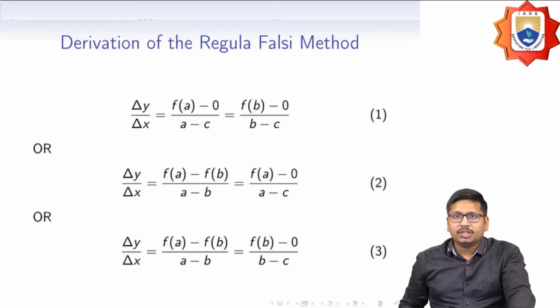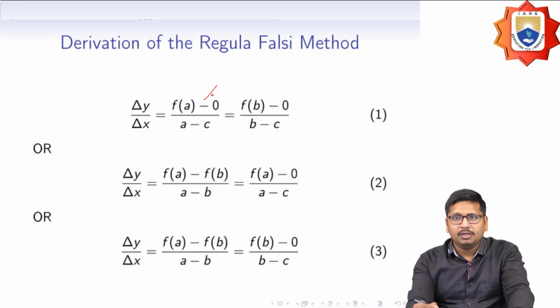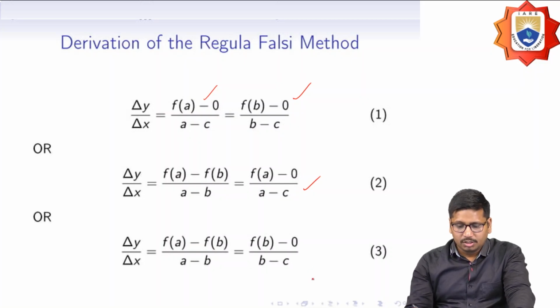These are the derivations needed for the regula falsi method, delta y by delta x. So how is this delta y obtained? f of a minus 0 by a minus c should be equal to f of b minus 0 by b minus c. And this is the other form where I can substitute these equations: f of a minus f of b by a minus b should be equal to f of a minus 0 by a minus c.